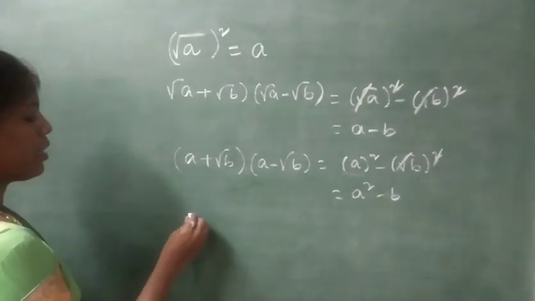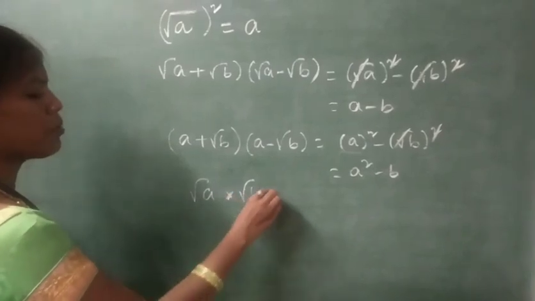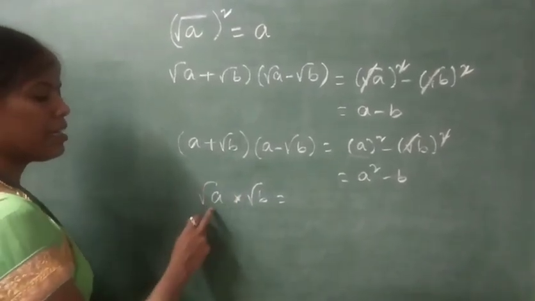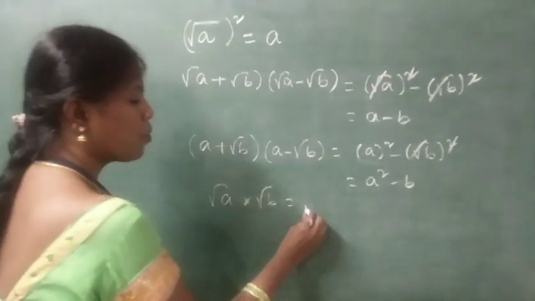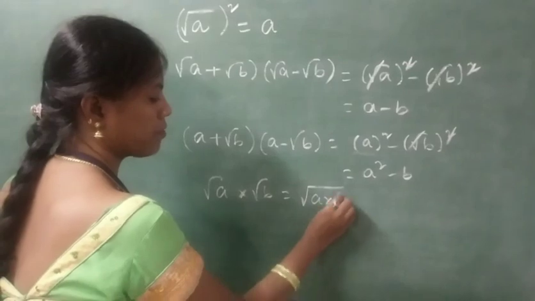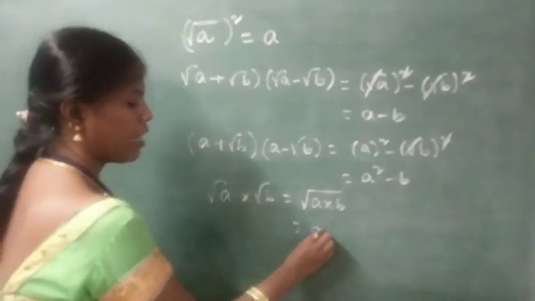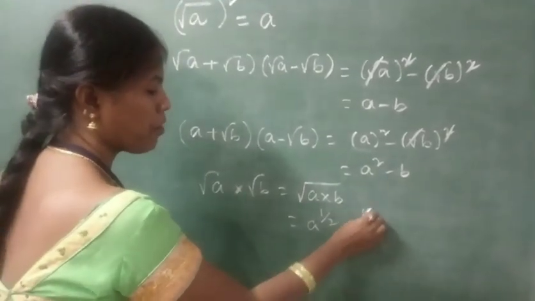And the fourth one, root a into root b. What is root a into root b? Both are quadratic surds, so it is root of a into b. How did we get this? Root a means a to the power of 1 by 2. Root b means b to the power of 1 by 2.